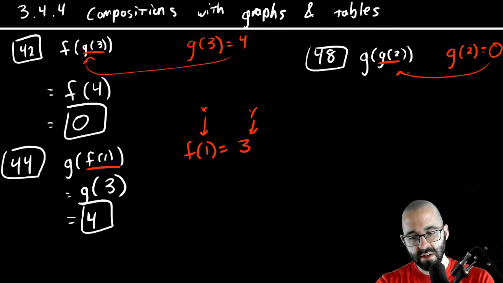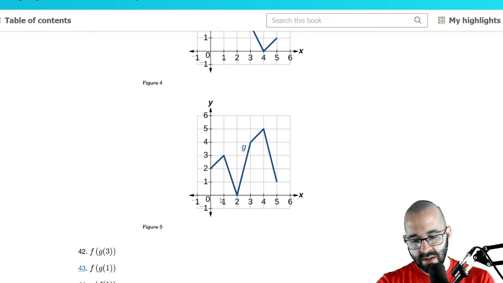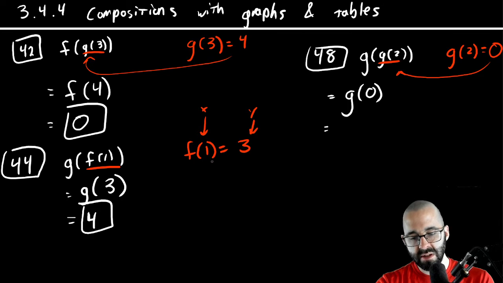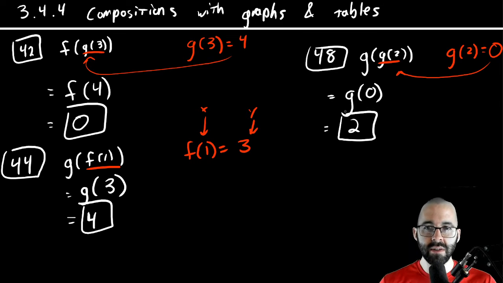Replace that. So this simplifies to just g of 0. When x equals 0, what is y? When x is equal to 0, y is equal to 2. There we go. And that's how you do function compositions with graphs.